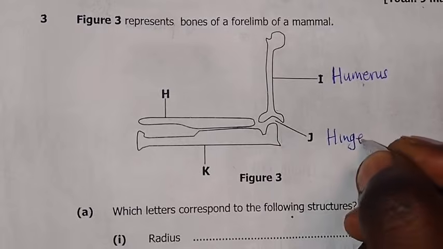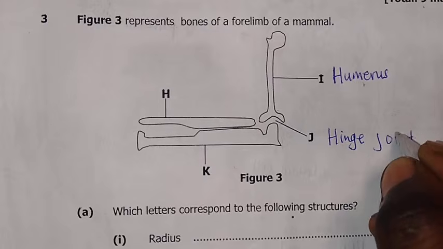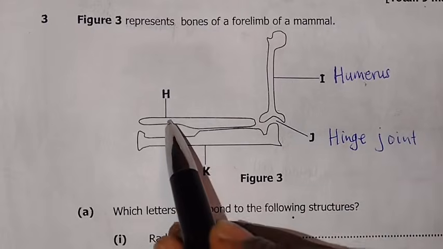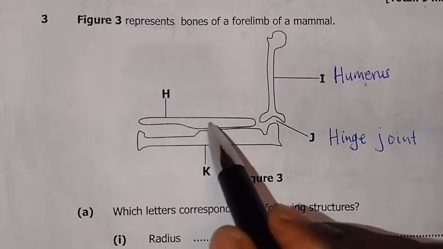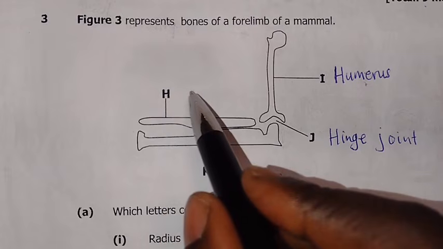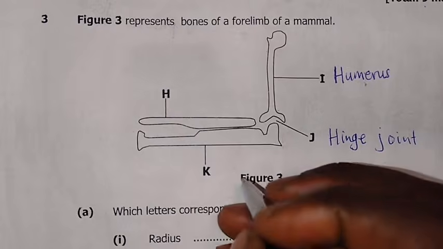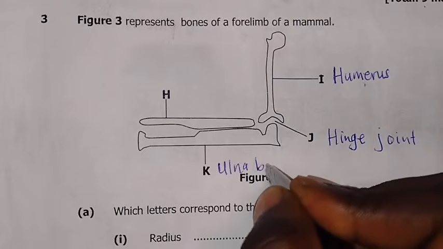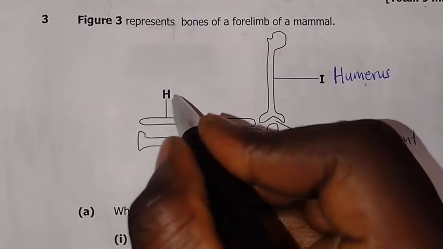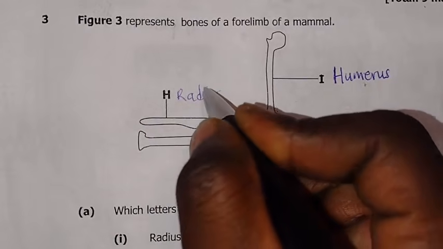Then here we have bone H, and also bone K. The bone on top of the arm is the radius bone, and the one at the bottom of the arm is the ulnar bone.